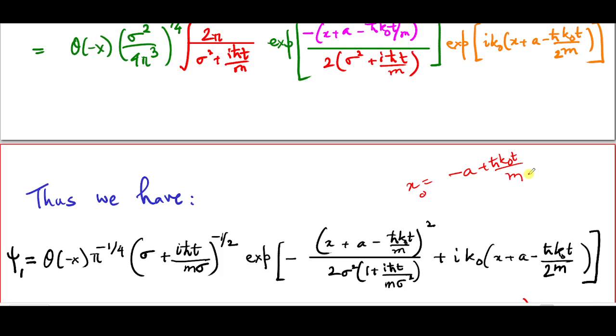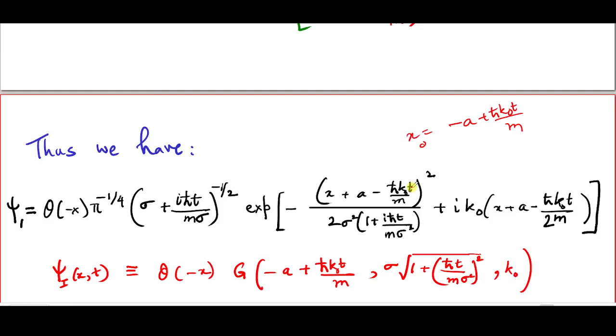This makes perfect sense because remember the particle we are describing is actually one which started at x equal to minus a and then was moving towards the right with a mean momentum of h cross k naught. So h cross k naught by m, mean velocity times t. That gives us a perfectly good result for the center of the wave packet.